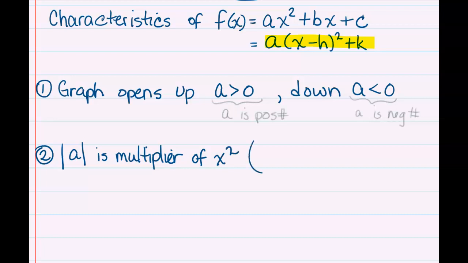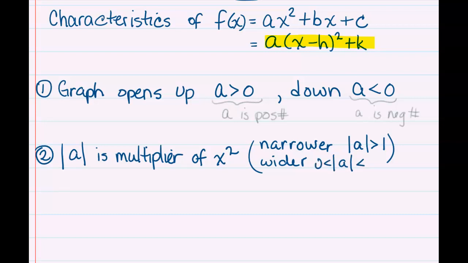So remember that our graph will be a little narrower if the absolute value of a is greater than 1, because it's going to be a vertical stretch. Also, we know that it's going to be wider if the absolute value of a is some number between 0 and 1, some fraction. So we can see that it's going to compress it down towards the horizontal axis.